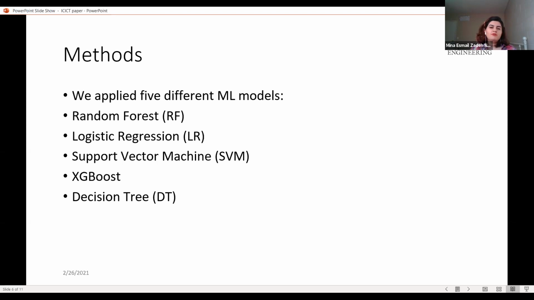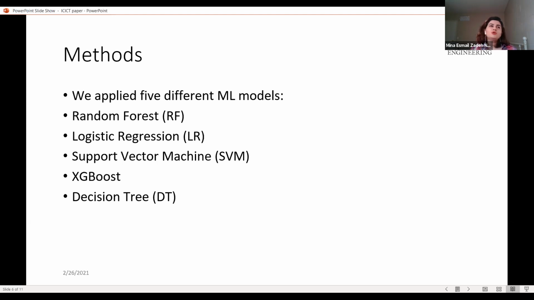I've read some papers for lung cancer, categorizing samples as cancer-based or not cancer-based. So we did the same. We applied different machine learning methods to see how to categorize the text files.